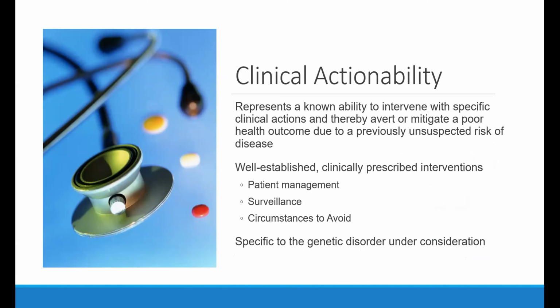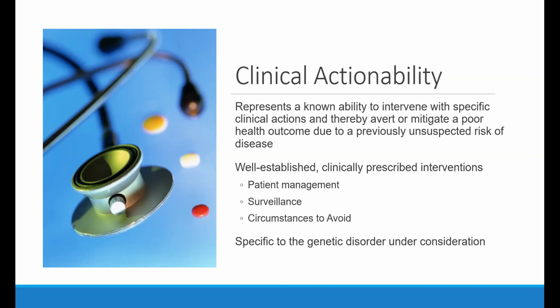A really good example of something that might be actionable that people are probably very familiar with is something like BRCA1. If you have a pathogenic variant in BRCA1, we know that there are interventions such as surgery or surveillance that can either delay or prevent cancer in the case of surgery, or catch cancer earlier in the case of more frequent surveillance.